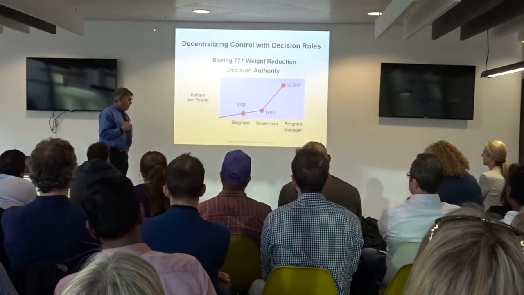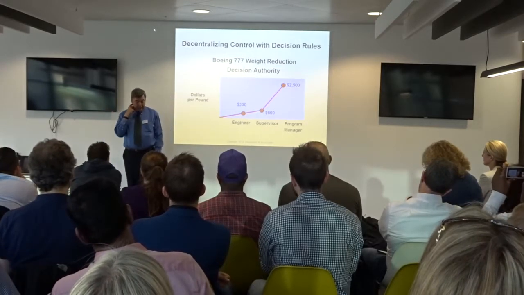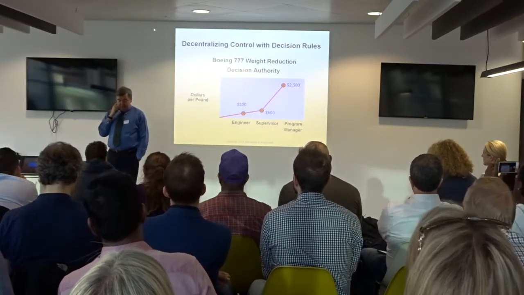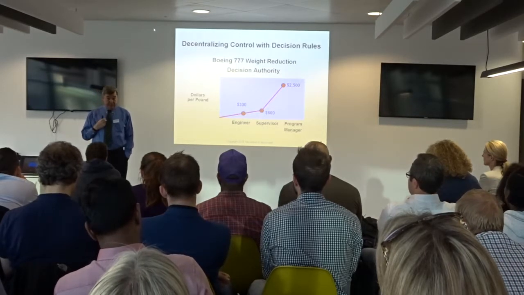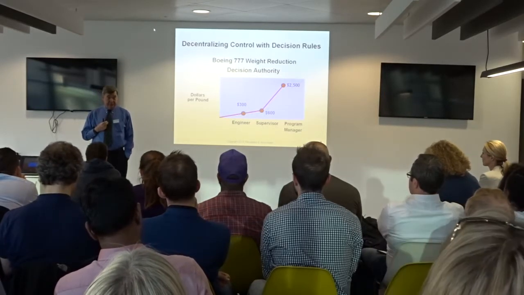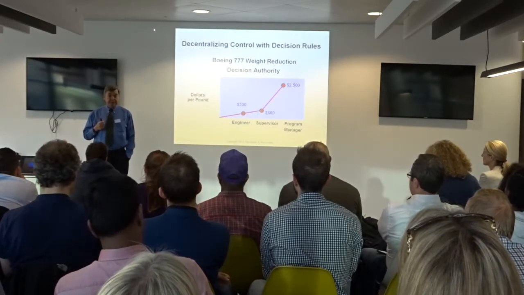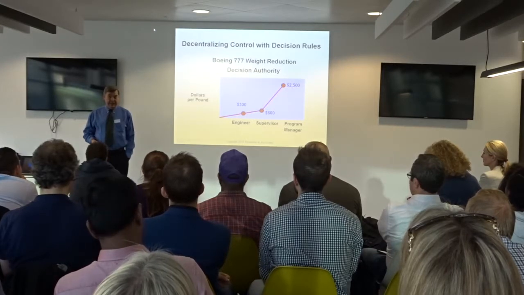Okay, here's an example on Boeing, what they did with an economic model. When they were doing the Boeing 777, the plane was overweight. They had performance penalties they would pay if the plane was overweight. They would pay the excess fuel consumption for every plane United Airlines bought for the entire flying life of the plane.